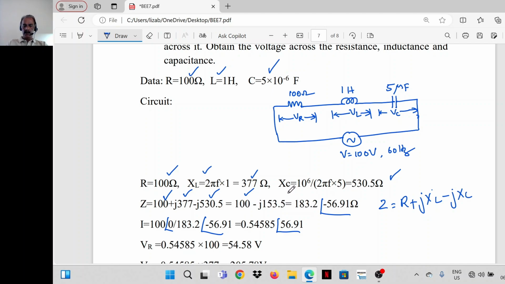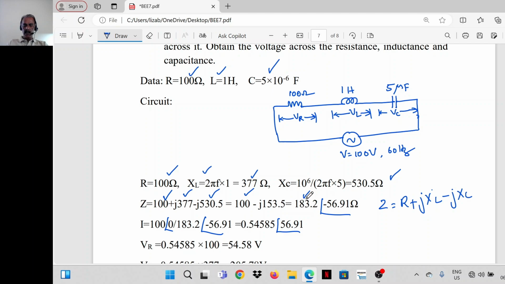The net effect is the circuit is capacitive. So 100 minus j153.5, convert to polar form: square root of 100 square plus 153.5 square, that is 183.2, angle tan inverse of minus 153.5 by 100, so angle is minus 56.91.